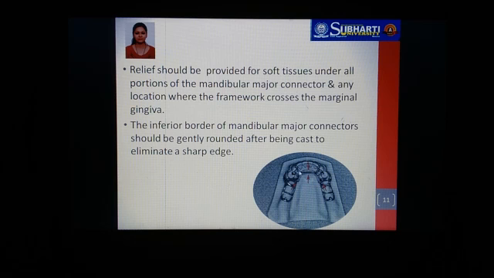Whether we are talking about a maxillary connector or a mandibular major connector, the margin should always be rounded in order to prevent any discomfort to the patient and any impingement that can occur because of sharp margins.